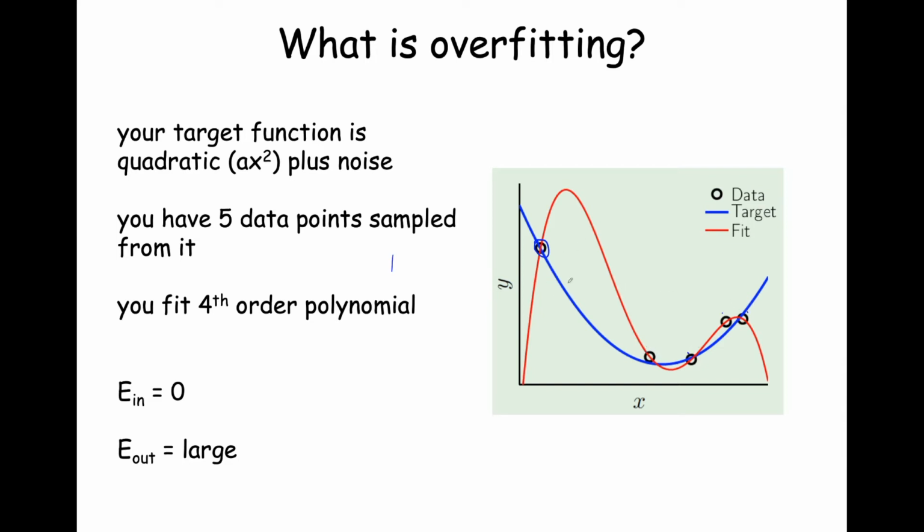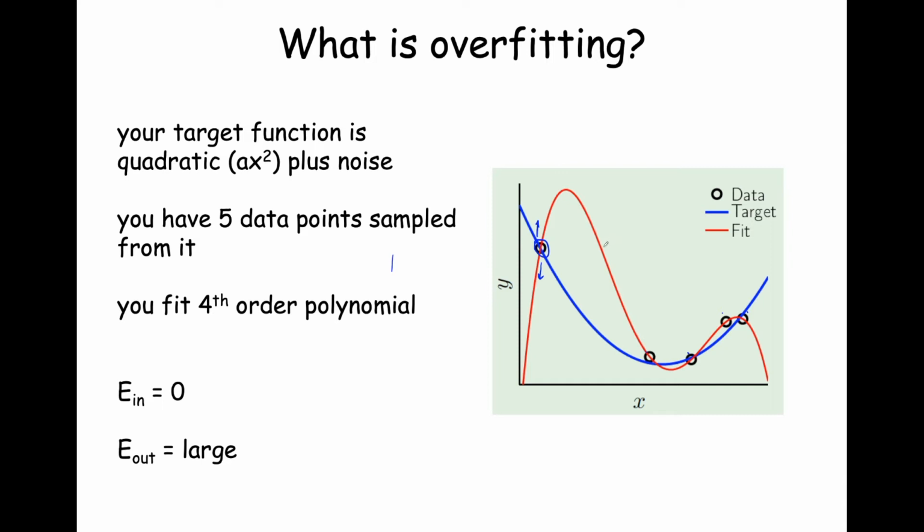And we're going to add noise to these samples. And this noise is going to tend to either slide them up or down by some amount. And then let's imagine, given this data, the scenario is usually you don't see the target function, but we're showing you the target function just for the sake of the argument we're trying to make.